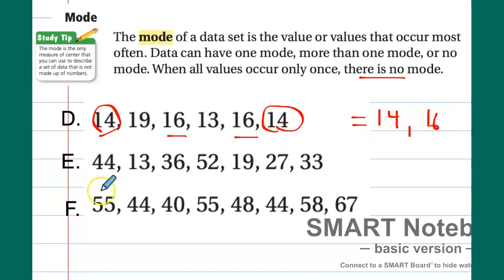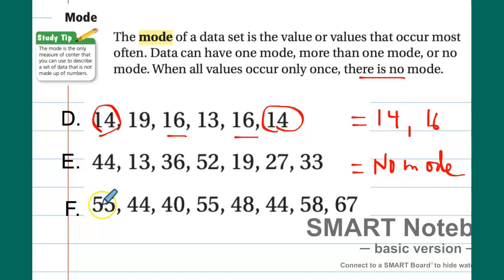Okay, so for set E, 44, 13, 36, 52, 19, 27, and 33, we'll definitely say no mode. You don't say 0 again, because 0 is a number.